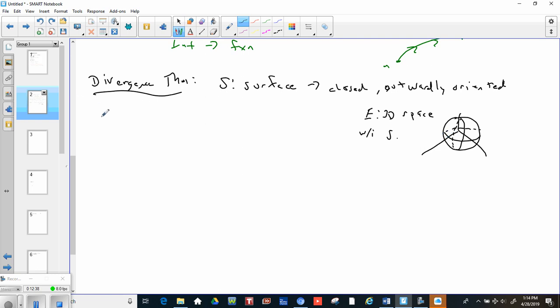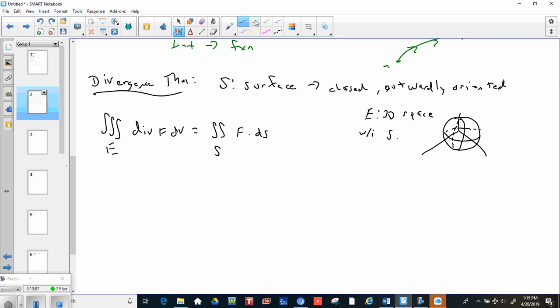And the divergence theorem says that if we wanted to take the triple integral of the volume, or of the stuff on the inside, you would do that by doing the divergence of F dV. And that would be the same as the surface integral, or the double integral, of F dot dS.